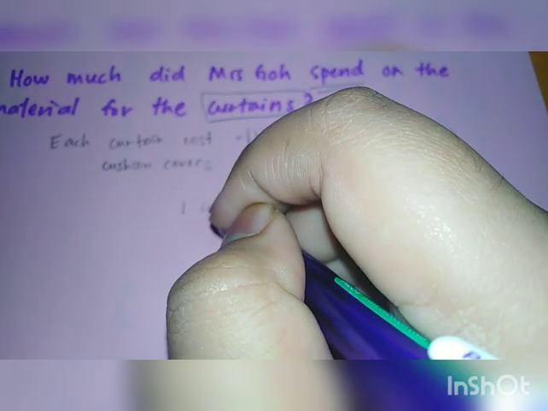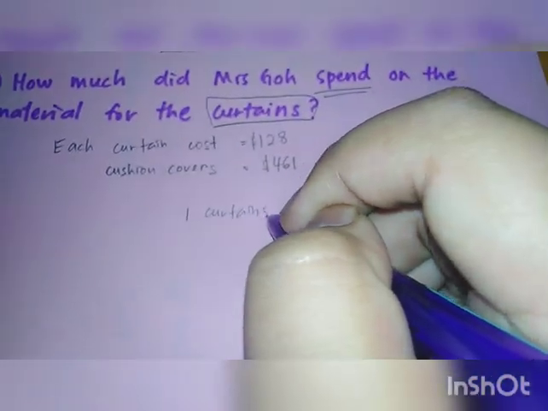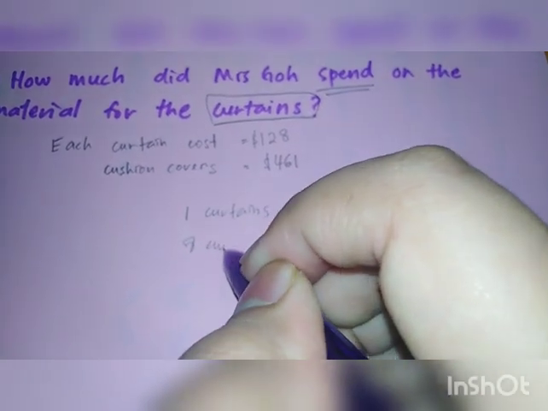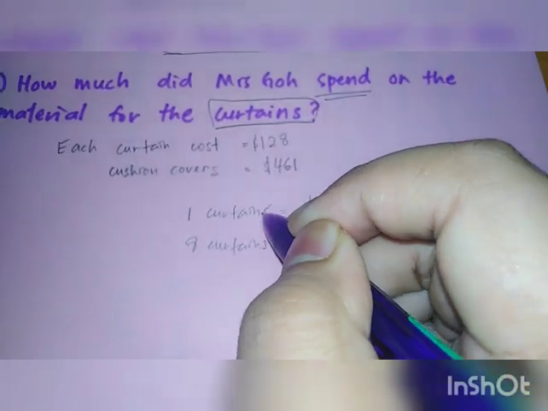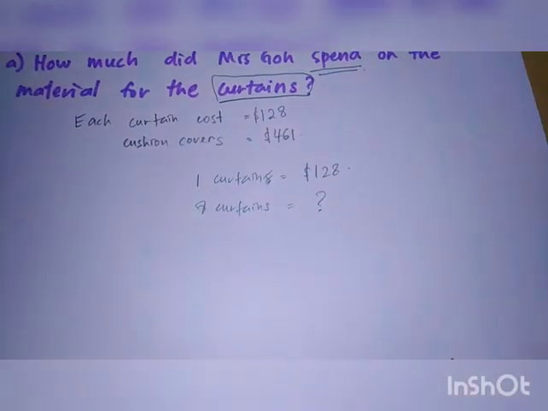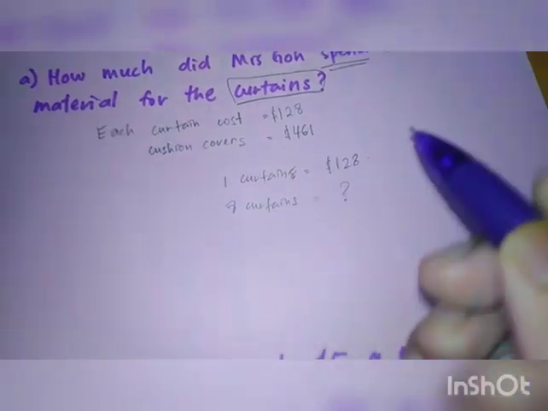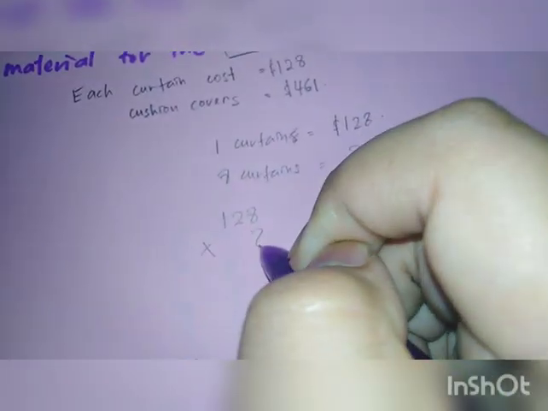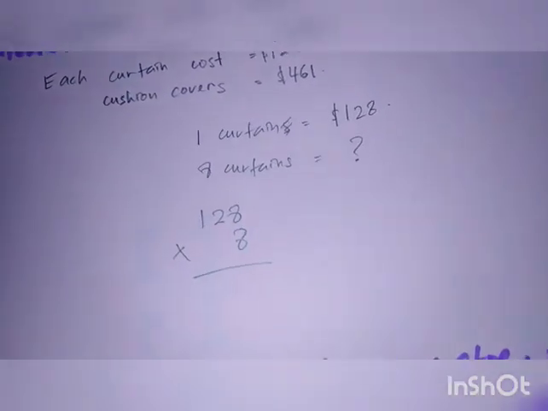One curtain is equal to 128, so 8 curtains is equal to how much? We need to times 128 by 8, right?